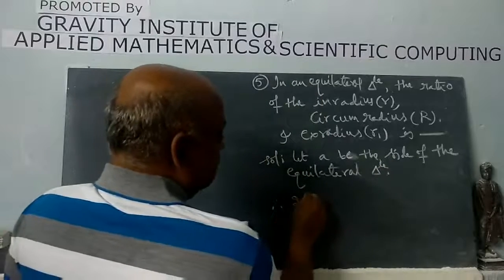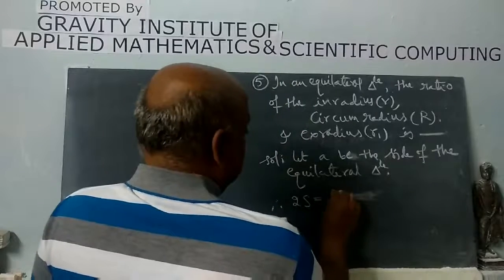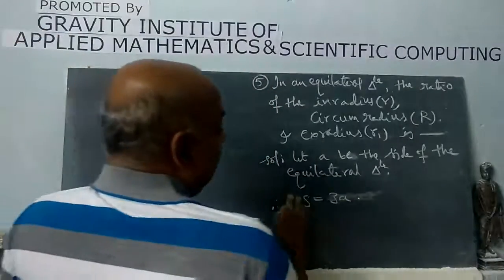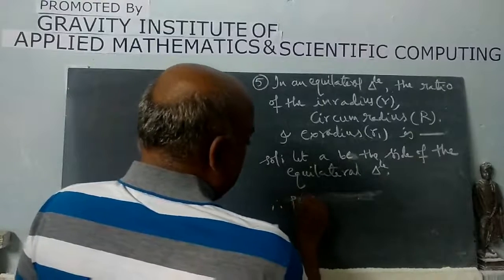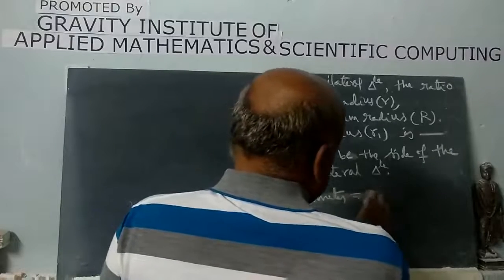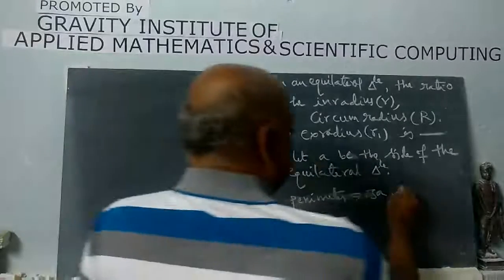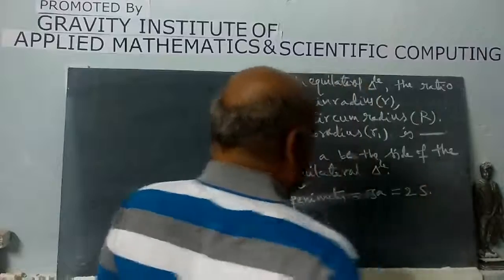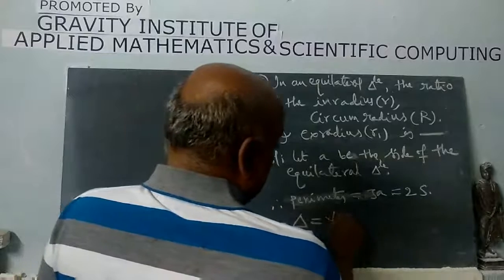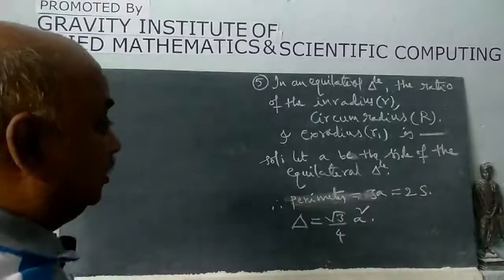Therefore 2s is equal to a plus a plus a, which is 3a. The perimeter is 3a, which is equal to 2s, and the area of the triangle delta is equal to root 3 by 4 a square.